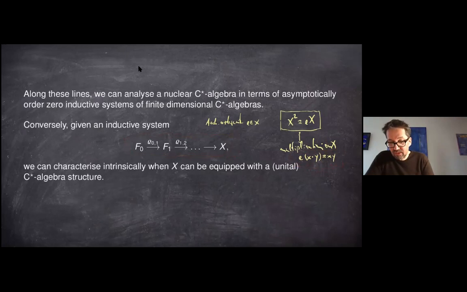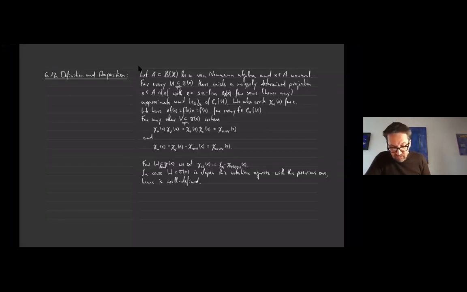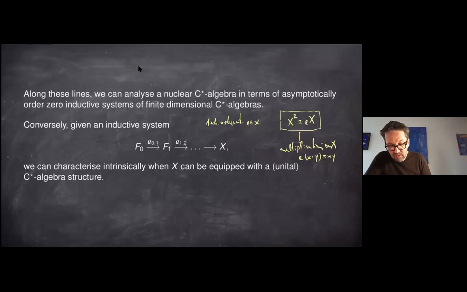But then along these lines, you can characterize intrinsically, using only the system itself, whether X can be equipped with the C-star algebra structure. You can recover the C-star algebra from X or from the inductive system.